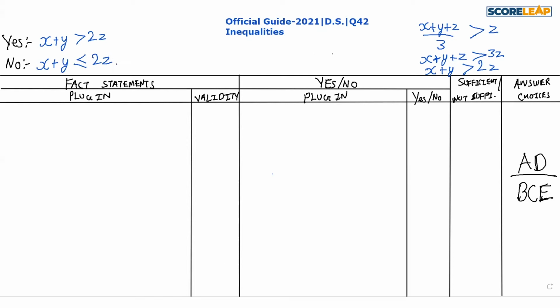Let us jump to statement 1 and check whether it is sufficient to answer our question or not. Statement 1 says that z minus x is less than y minus z.